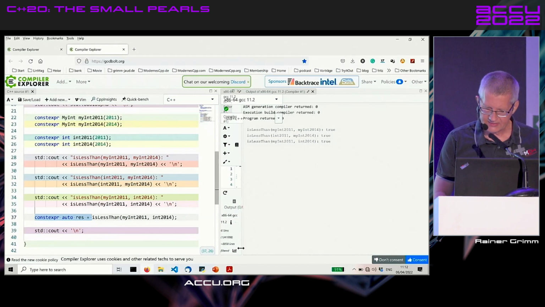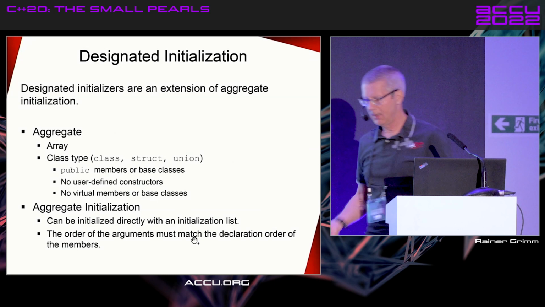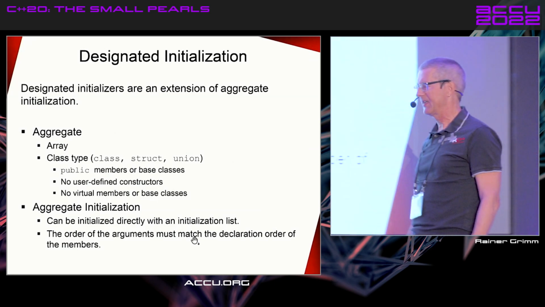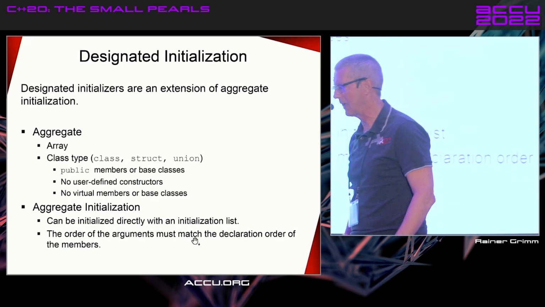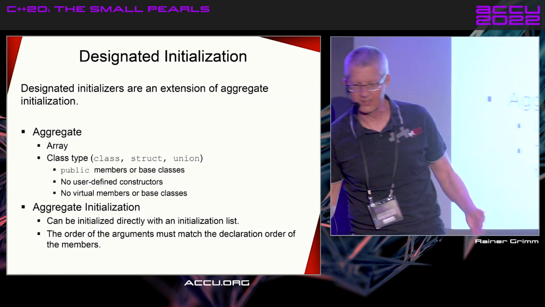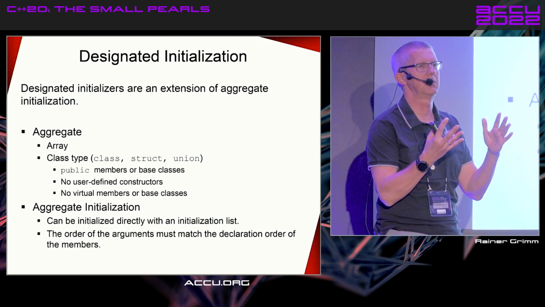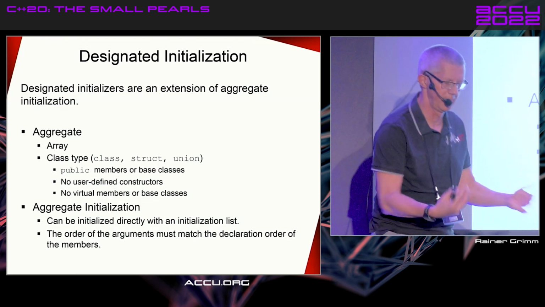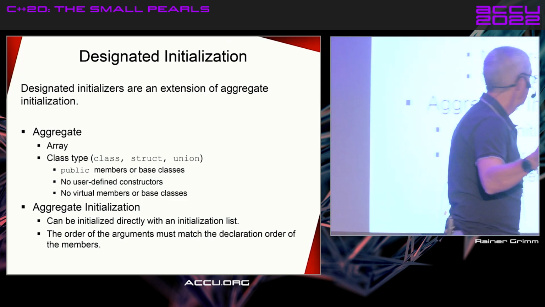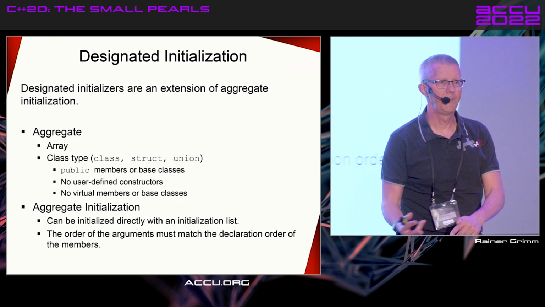Okay, this was the three-way comparison operator. Maybe you know we have had aggregate initialization since C++98. Essentially, an aggregate is a C array, or a class with a typical layout or structure, meaning no user-defined constructor, all members are public, no virtual members or base classes.